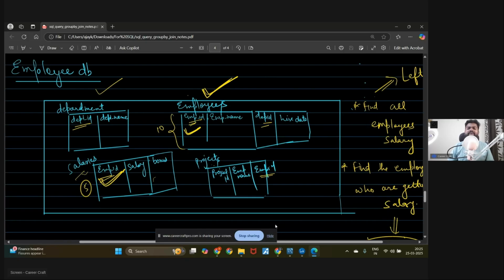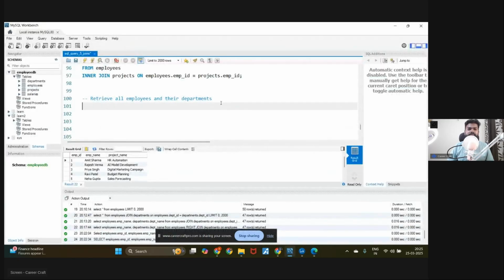Now I will start increasing the level. First of all, I will just write the code here. So, select employees dot employee id. Guys, it is a bad habit to write the full employees dot emp id. I usually follow this because I don't like e dot employee id; many times I get confused.